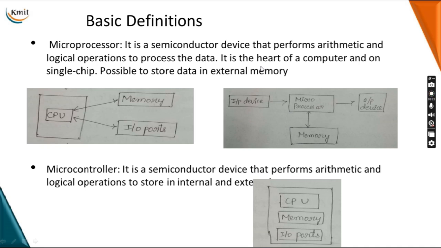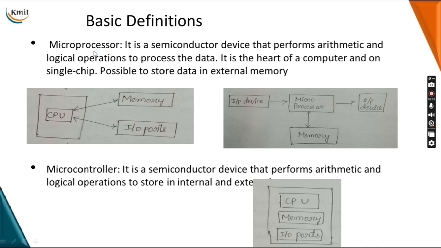Similarly, in the computer, there is one part, the central processing unit, which is the microprocessor. It is the heart of the computer. If there is no CPU or no microprocessor, we can call the computer a dummy. It will not do anything, it will not function. So without a microprocessor, there is no computer.